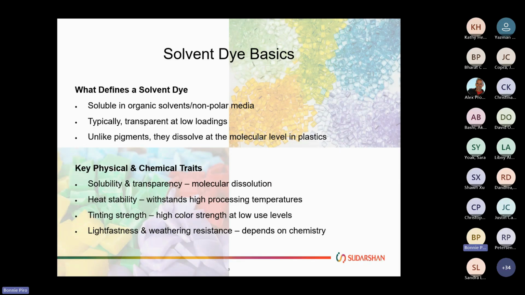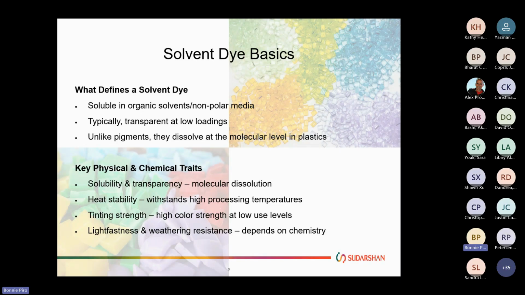As we've talked about before, unlike pigments, they will completely dissolve as long as the polymer and dye chemistry are matched up appropriately. They will completely dissolve to provide that nice transparency.